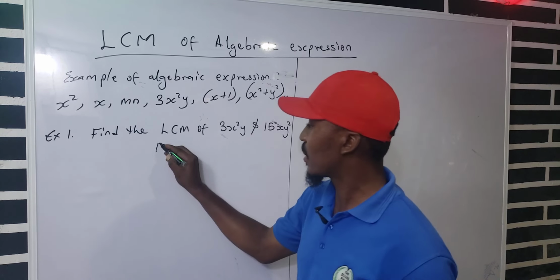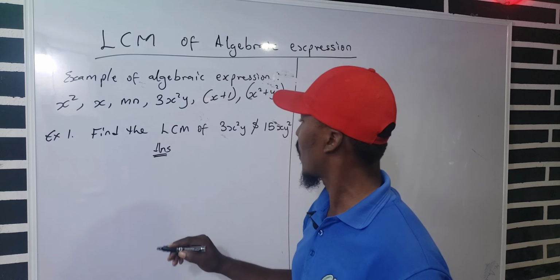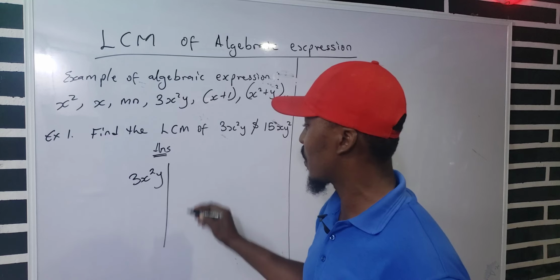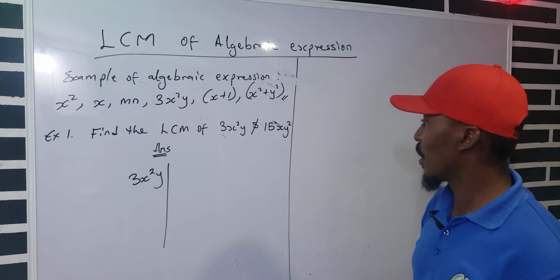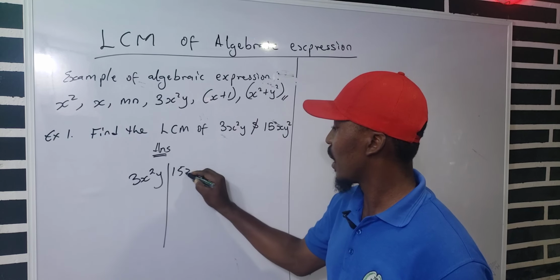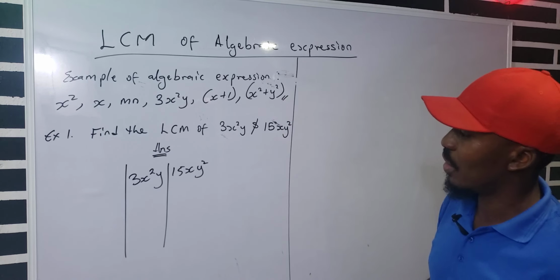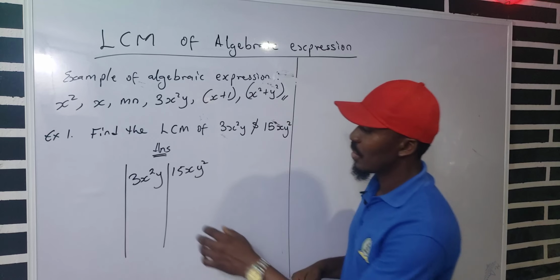How can we find that? Just like what we did in LCM of numbers, we are also going to do that in LCM of algebraic expressions.